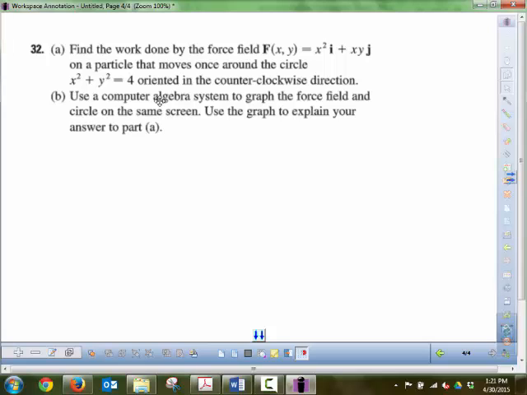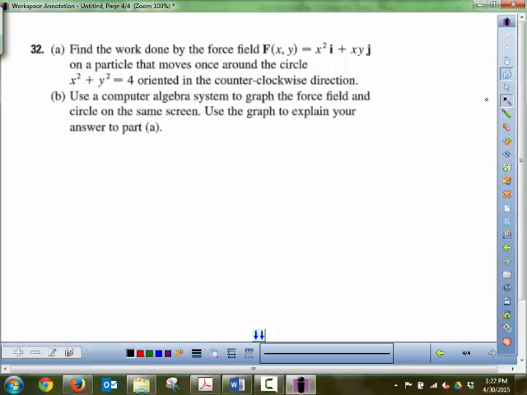So we have our standard parameterization for that. All right, let's see if we can work this out. Wait, is this the one we did last time? The field is different? Okay, let's do this. So this is going to require a true line integral as opposed to a path integral.